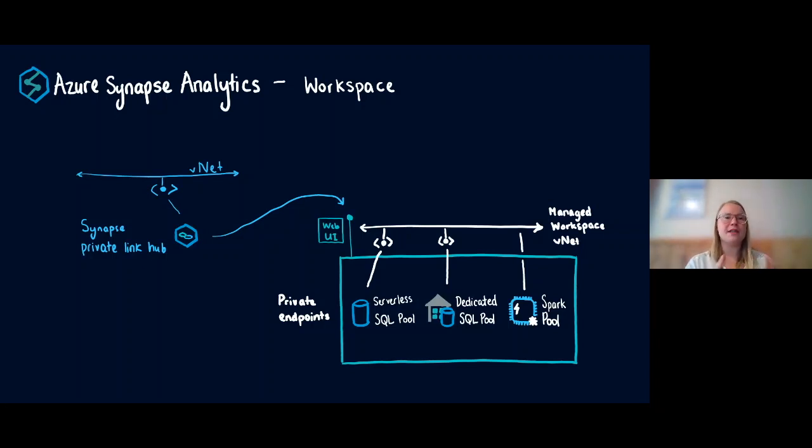But after you have this set up, then you could have your virtual network connected to your on-premises site, and your developers could access the Synapse Studio from within your own network on premises. So after this, it would be really easy to use all of the components privately.